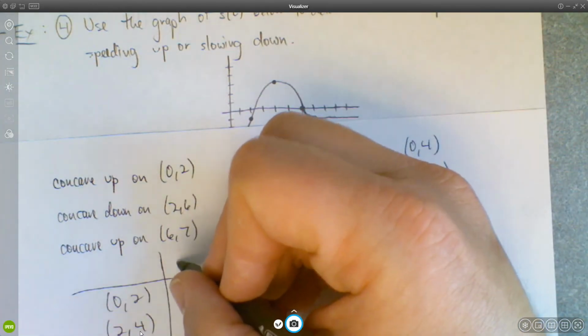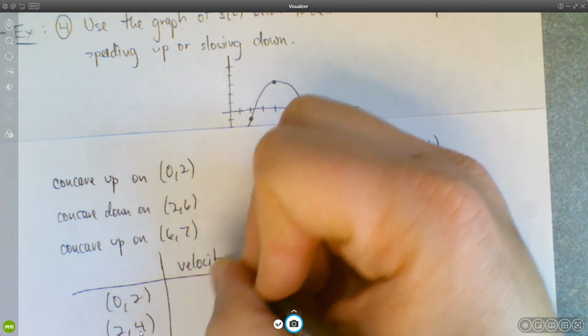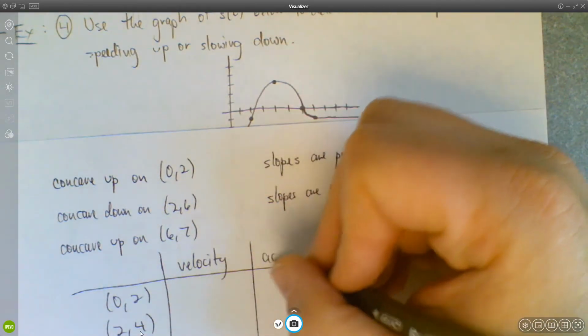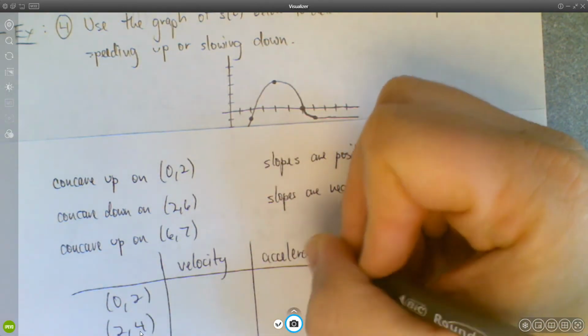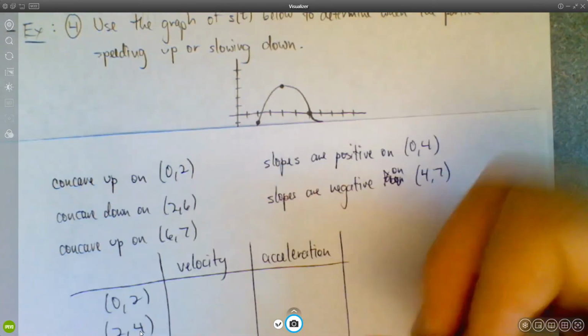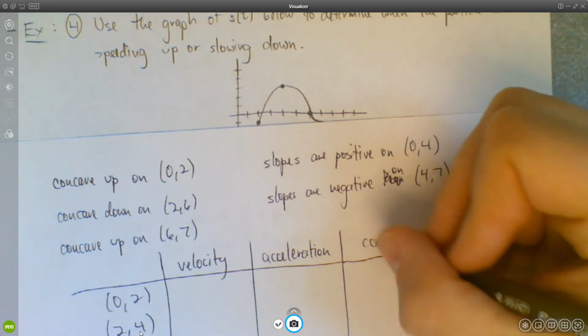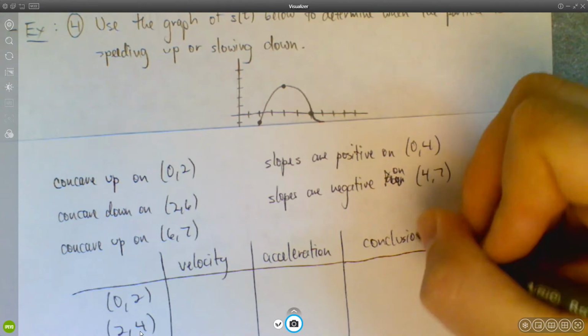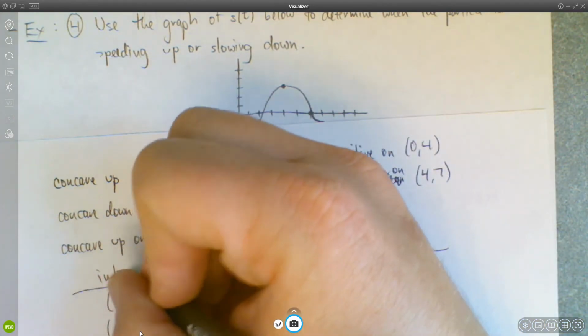And we'll say velocity, acceleration, and then I'll call it the conclusion. So this is our interval.